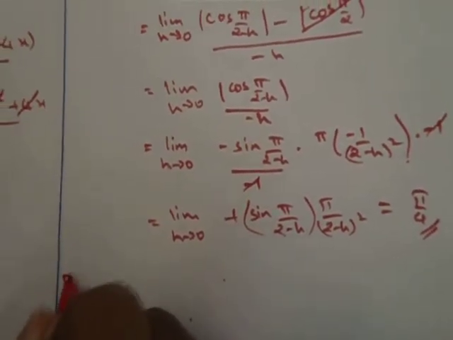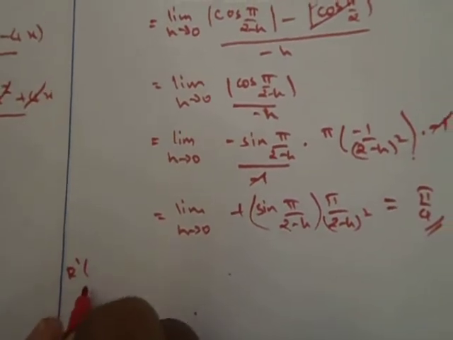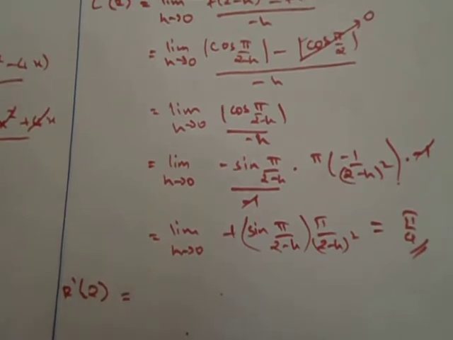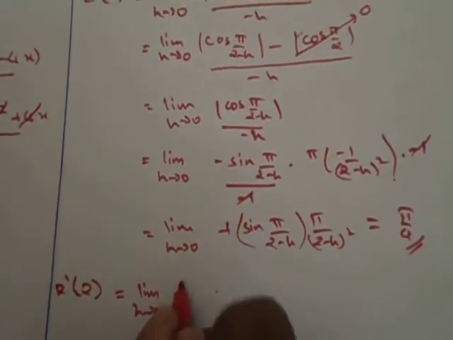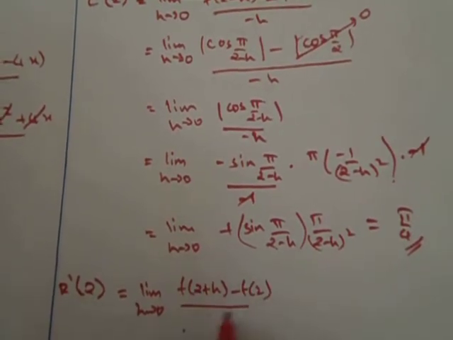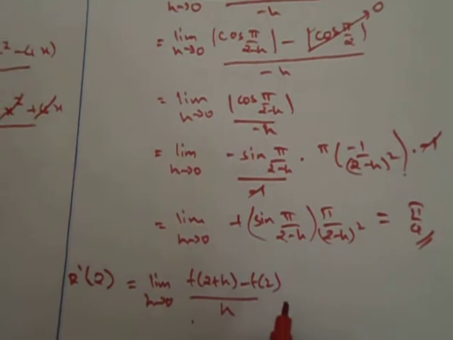Then we have the right hand derivative at 2. So limit h tends to 0, f of 2 plus h minus f of 2 by h.